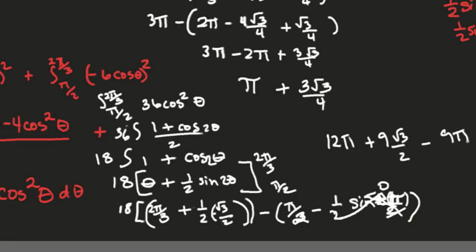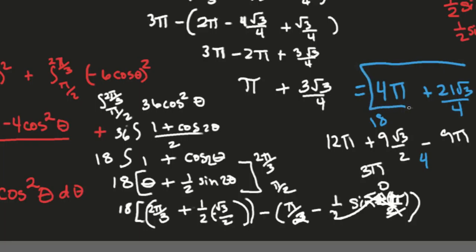So here, these two combine to give you 3 pi. So when I add 3 pi plus pi, I'm going to get a 4 pi. And then when I add 3 root 3 over 4 to this, I would need to make that an 18 and that a 4. So that would give me 21 root 3 over 4. So you can see it's pretty complex if they want it to be.